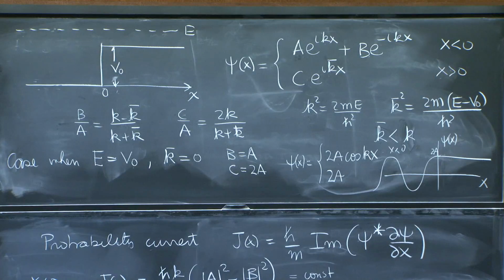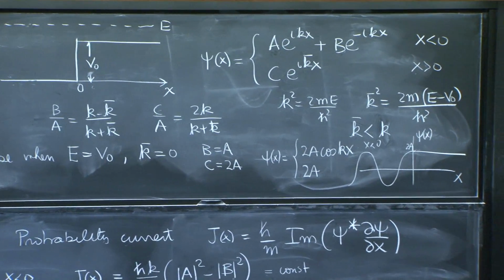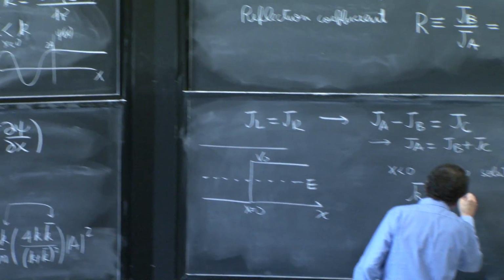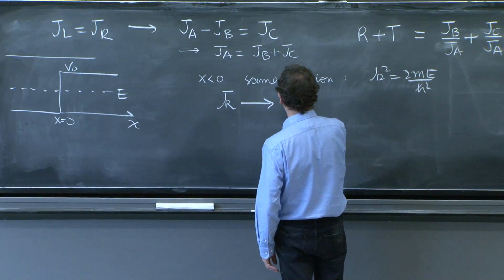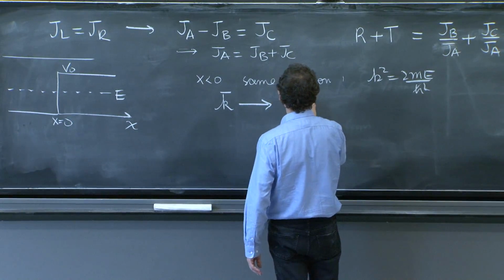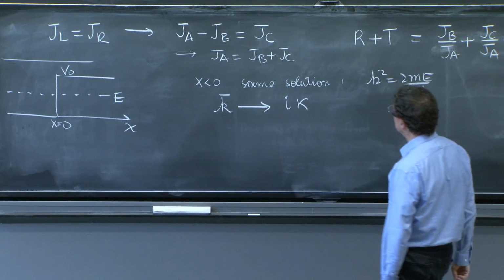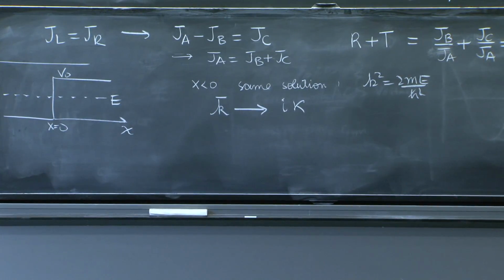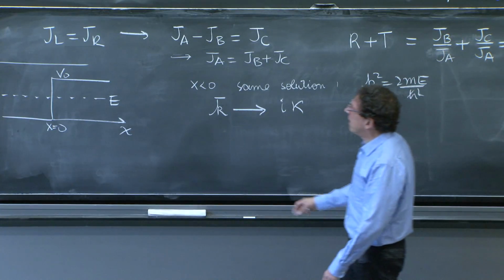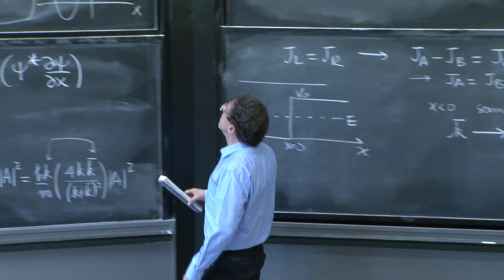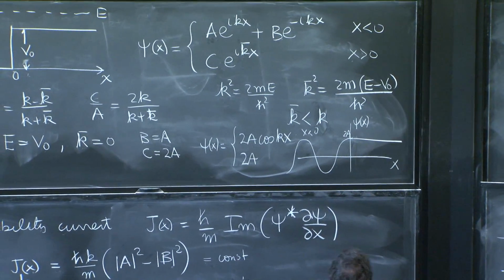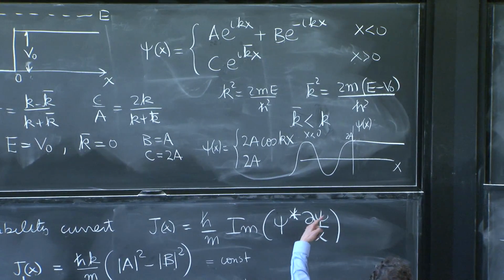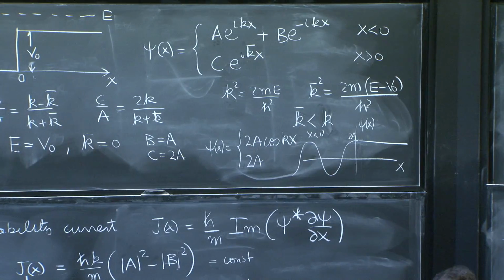If I let k bar, everywhere you see k bar, replace it by i kappa, then one thing that happens is that you learn from here, from this k bar squared would be minus kappa squared equal to that.